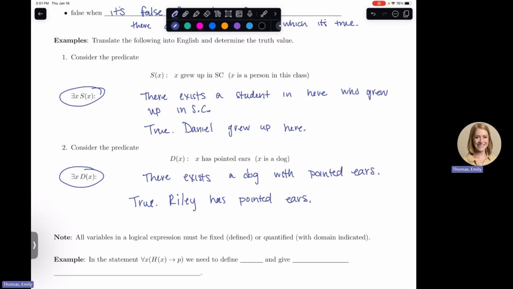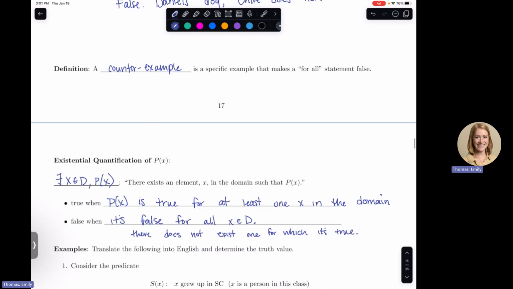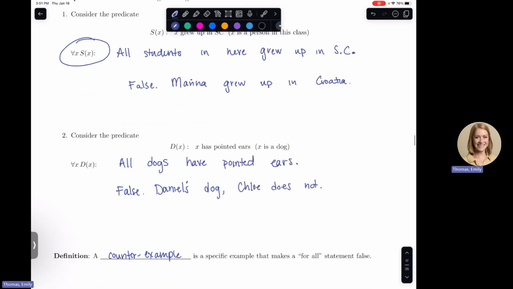Okay, so I want to talk to you about something. Do you notice anything here when we were saying that these for all statements were false? Our counterexample was a there exists statement, right? To prove a for all statement is false, you need to give an example.